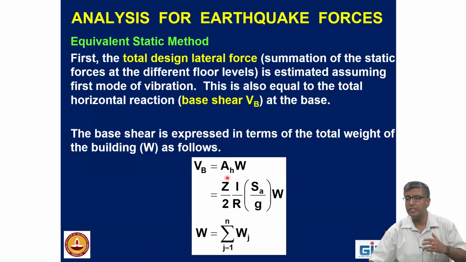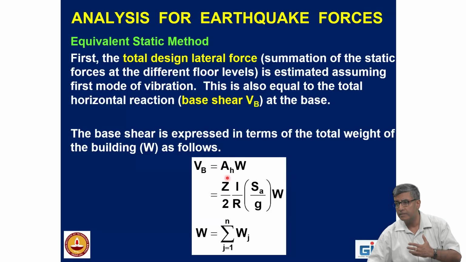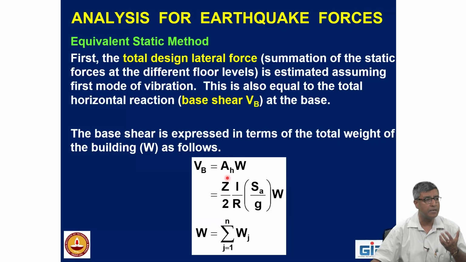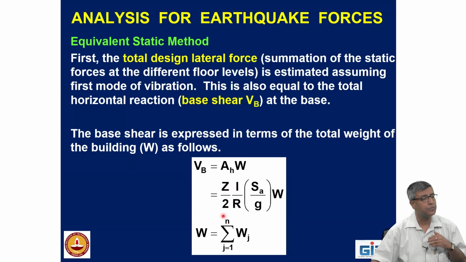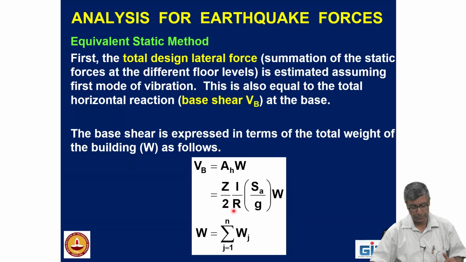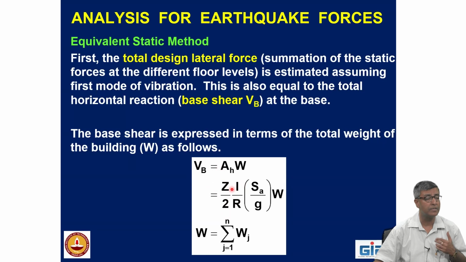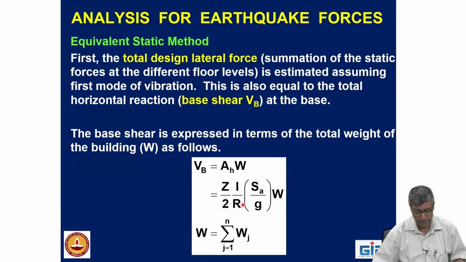Now, in this coefficient, you are trying to bring in the parameters which at least can be brought into numerical terms. Z is the factor which corresponds to a certain zone. This is divided by 2 to make the design more economical. I is an importance factor which is applied for buildings like hostels where we have so many persons at a time.